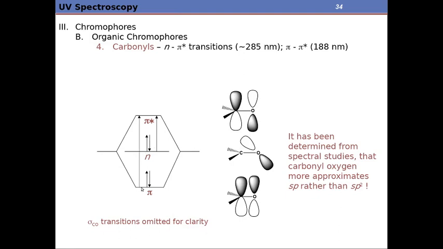If you give sufficient energy by means of radiation, a transition can happen from pi to pi star, and if you give a little lower energy, you could induce a transition from n to pi star, from the non-bonding electron on oxygen to the pi star molecular orbital here.